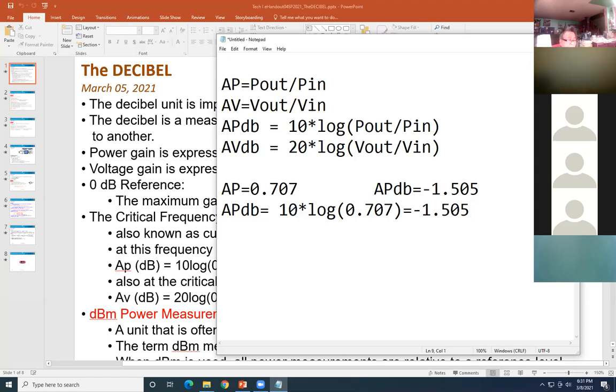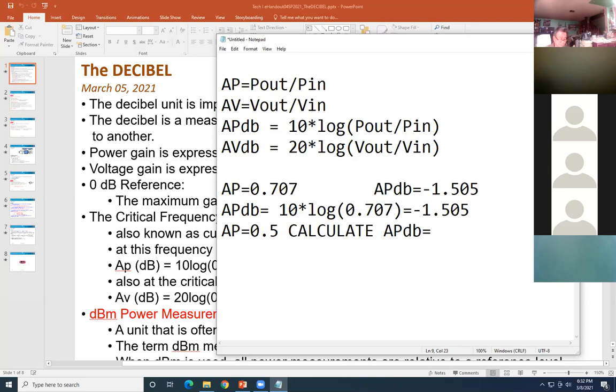Okay, now I want to do a calculation for me. AP equals 0.5. Calculate AP in dB.